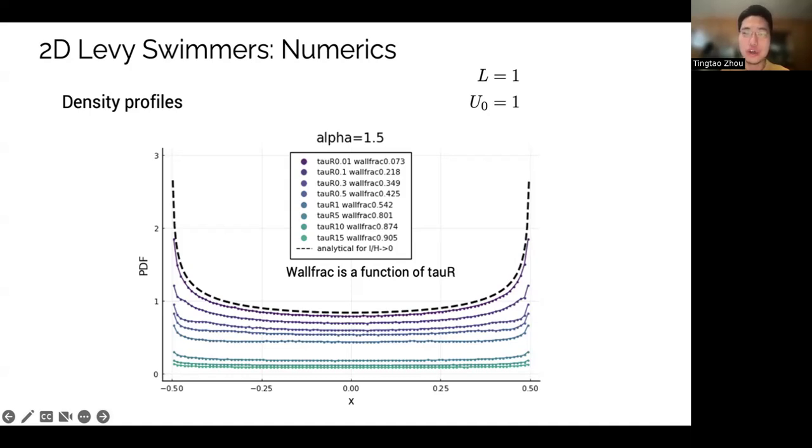Also, as we change the mean runtime to smaller and smaller, we eventually converge to the weak confinement limit that we have been focusing on. The darker dots are the simulation results, and the black dashed line is the analytical solution, which is in the limit of infinitely weak confinement. Of course, in the simulation we can never really get to that, but as you can see, the curves progressively approach the analytical solution.